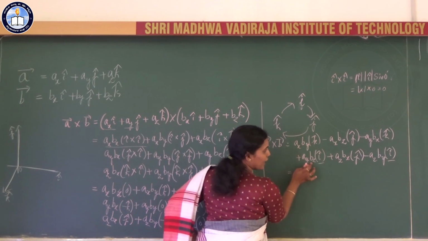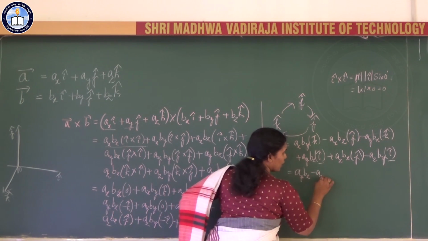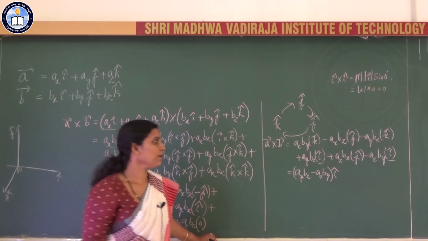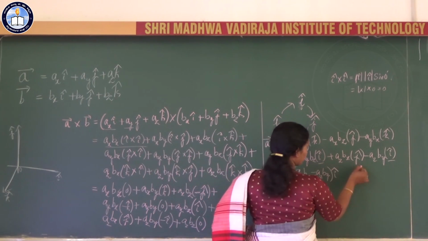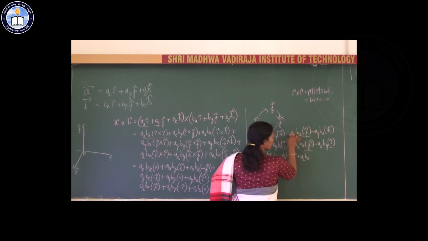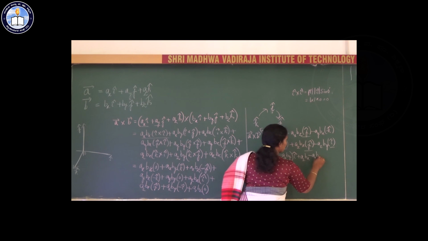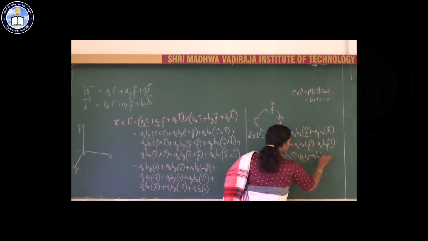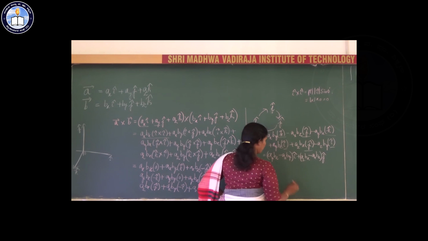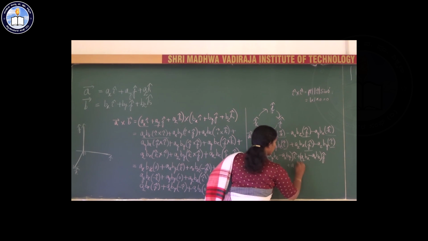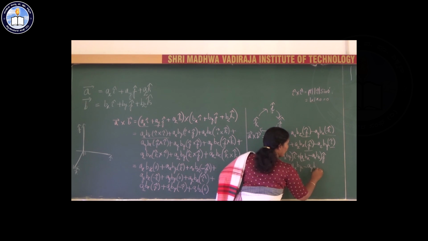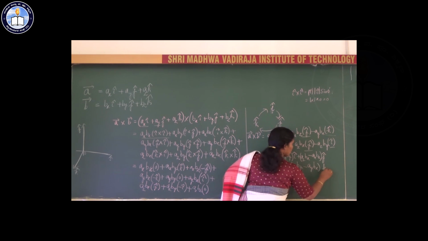(Ay bz minus Az by) i cap, then for j, plus (Az bx minus Ax bz) j cap, then for k cap, plus (Ax by minus Ay bx) k cap.